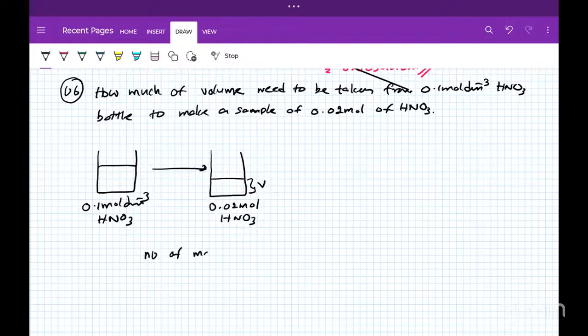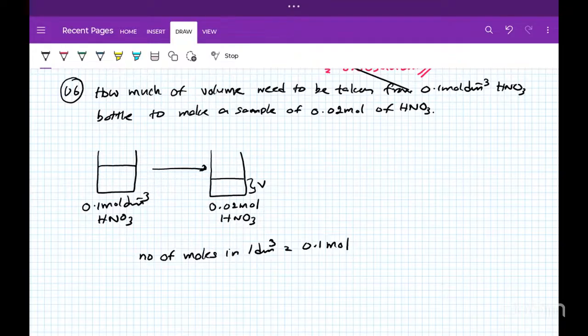Number of moles in 1 cubic decimeter. That is 0.1 moles.